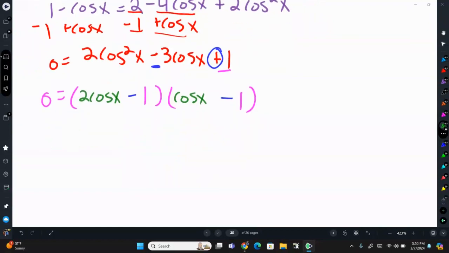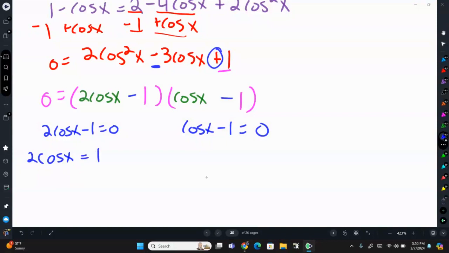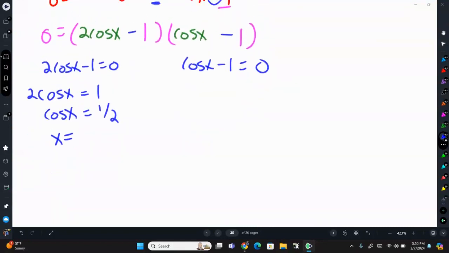So now we have to set each factor equal to 0. 2 cosine x minus 1 equals 0. Cosine x minus 1 equals 0. So we get 2 cosine x equals 1. Cosine x equals 1/2. X is equal to, cosine is 1/2 at pi over 3 and at 5 pi over 3.